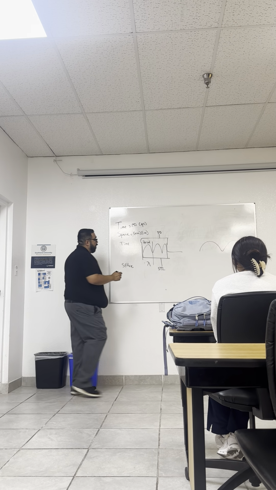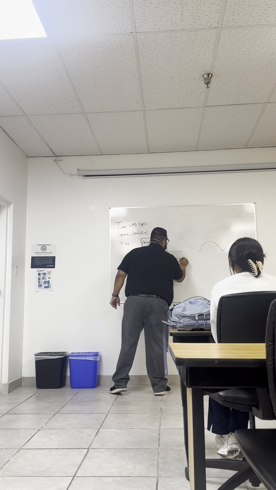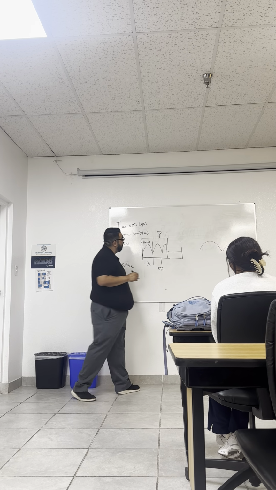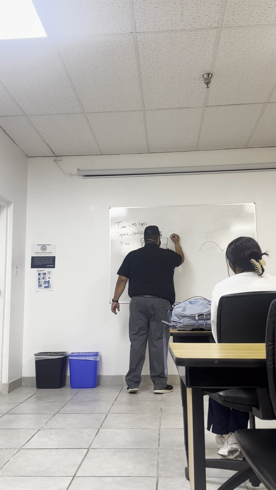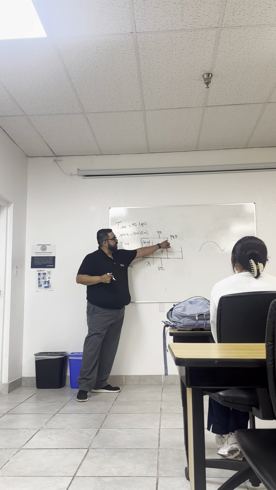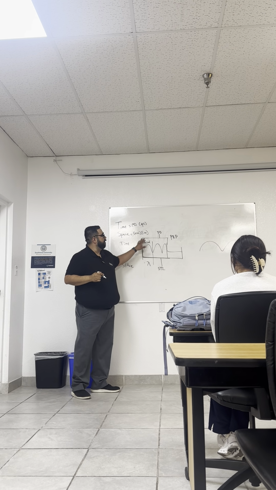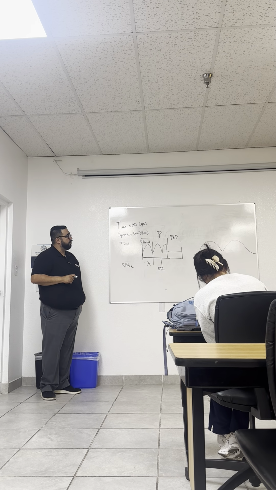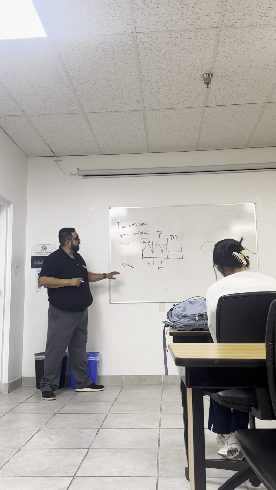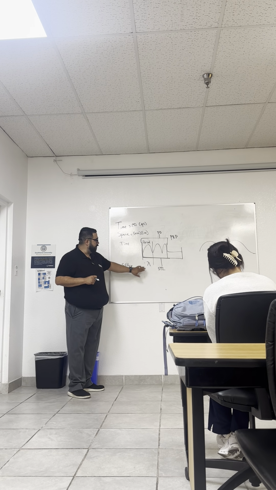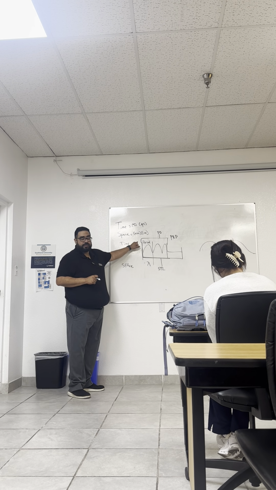Now, from here to here is what? The PRP, which measures time, right? Pulse repetition period. Period, pulse duration, pulse repetition period, they're all time. So these two are measuring the same cycle, except that one is measuring space, the other one is measuring time.